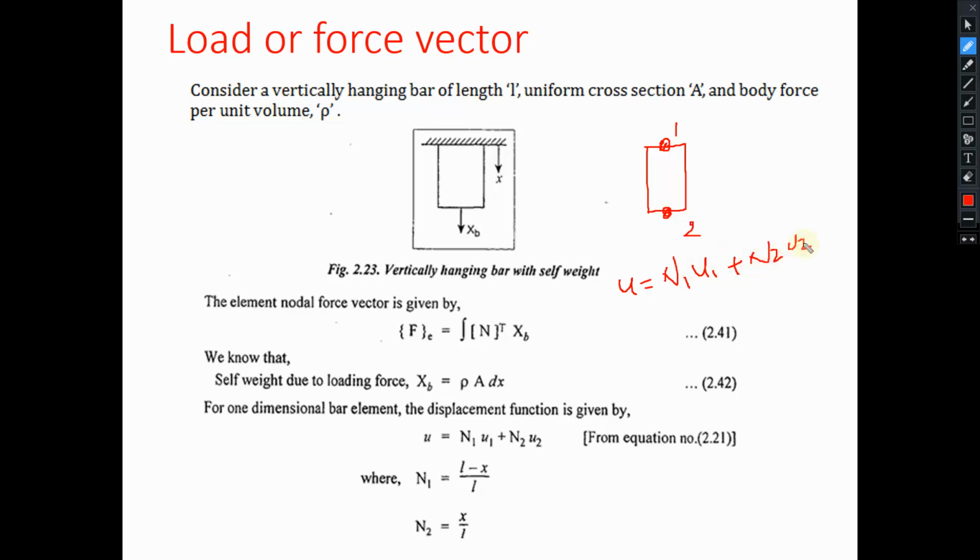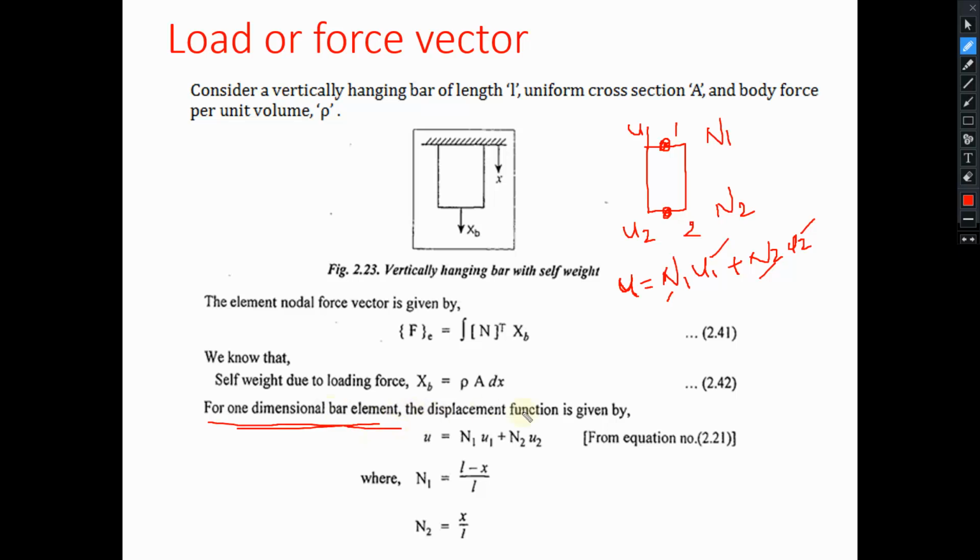We saw this earlier, where u1 and u2 are the displacements at the nodes 1 and 2, and n1 and n2 are the shape functions of the nodes 1 and 2. So in terms of shape functions, we can write the displacement of the element as u is equal to n1 u1 plus n2 u2. So this is for a one-dimensional bar element.